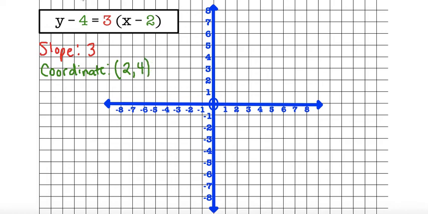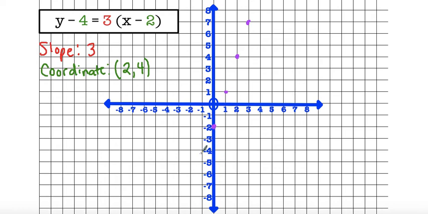So I'm going to plot my coordinate first, so 2, 4, and my slope is 3, so I'm going to go up 3 over 1. And so I could plot these points down here. So if we go up 3 over 1, it's the same thing as going down 3 and over 1 to the left, because -3 over -1 is still 3 over 1.